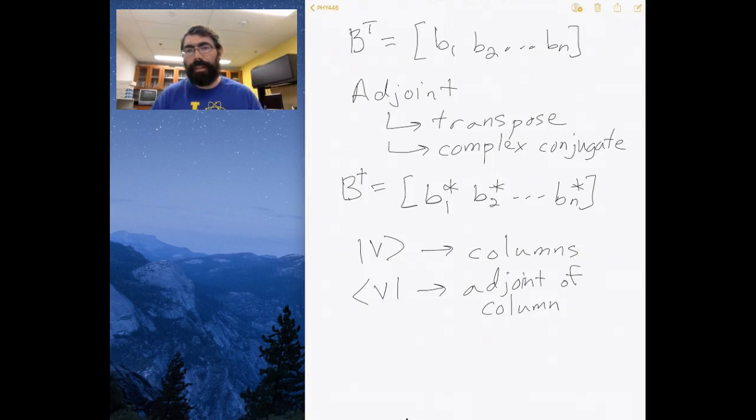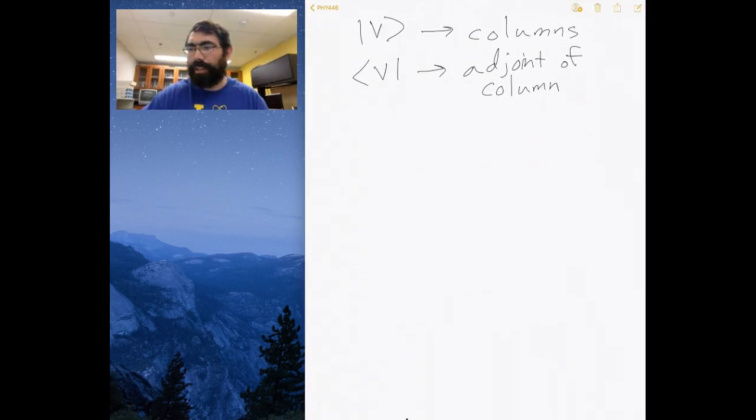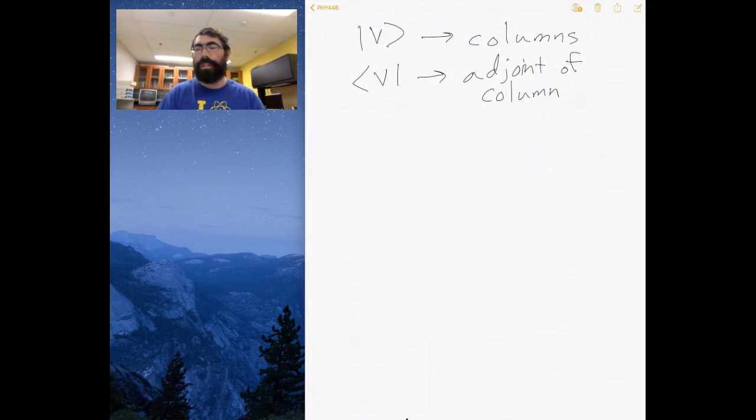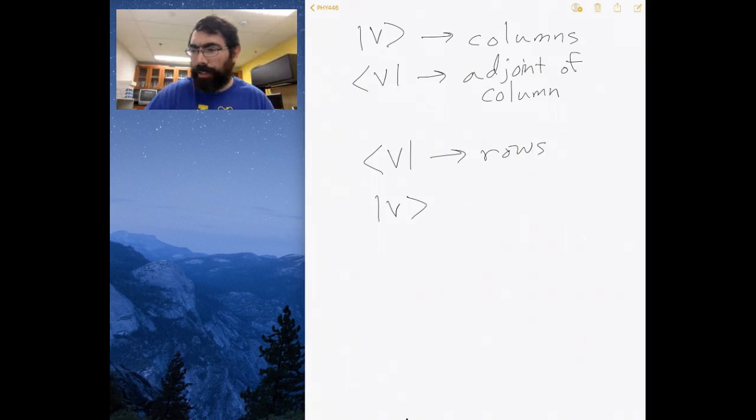But that's kind of a bias. I could instead consider viewing the world as all of the bra vectors being just normal rows, and then if I want to create a ket, the ket is the adjoint of the row.